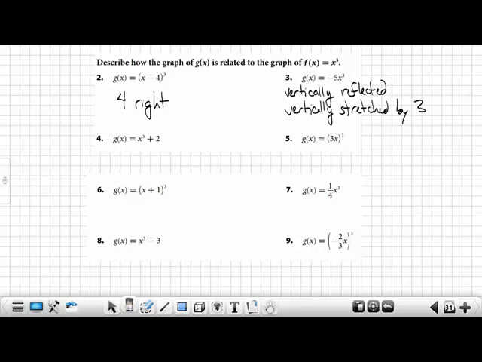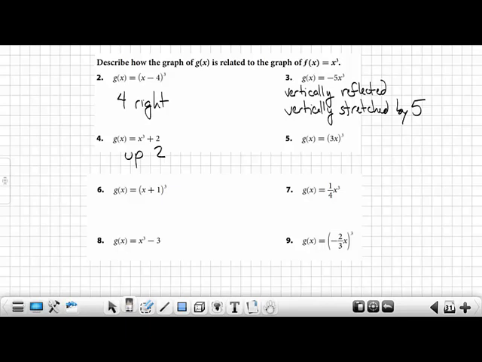This is the one that we're going to write the most on. All the rest are pretty short here. We'll jump back. Savannah, what's number 4 doing? Up 2, that's right. Colin, I'm going to give you the hard one. Number 5. What's going on with that one? It's inside. There's your hint.